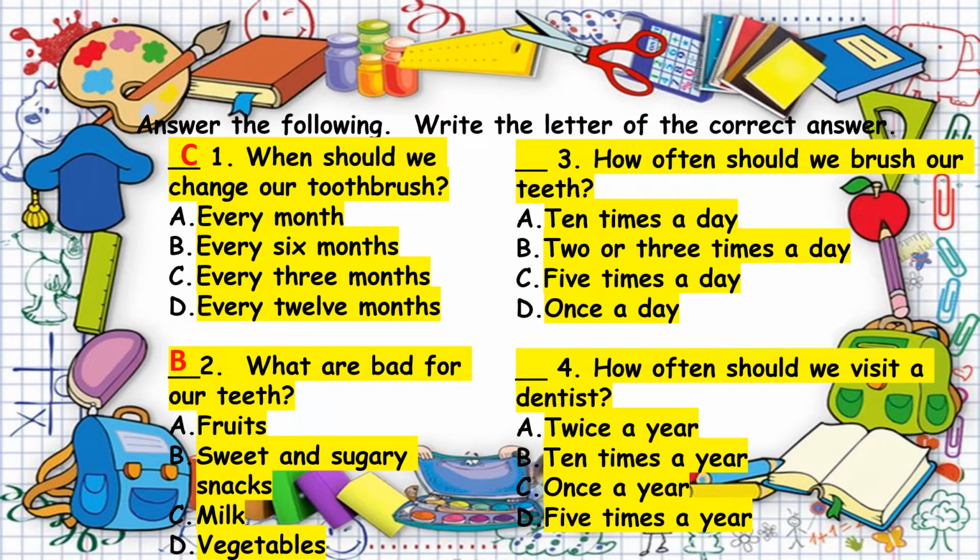A, 10 times a day, B, 2 or 3 times a day, C, 5 times a day, or D, once a day. It's B, 2 or 3 times a day. Number 4, how often should we visit a dentist? A, twice a year, B, 10 times a year, C, once a year, or D, 5 times a year. It's A, twice a year.